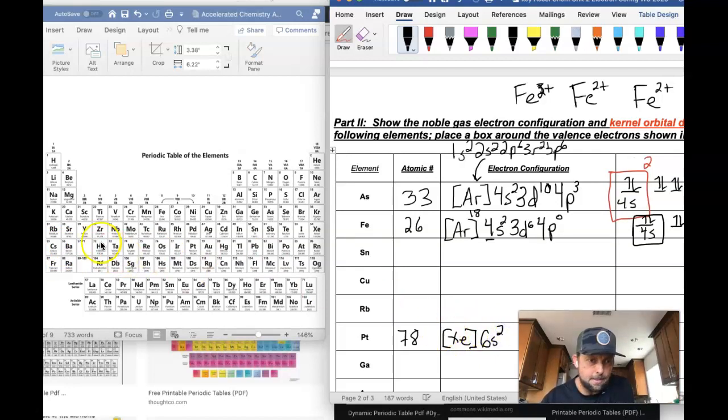After 6s, there's actually an insert here on the periodic table where this entire 57 to 71 is the F block. There are 14 elements there because of those 7 orbitals. So we're actually going to go to 4f14.